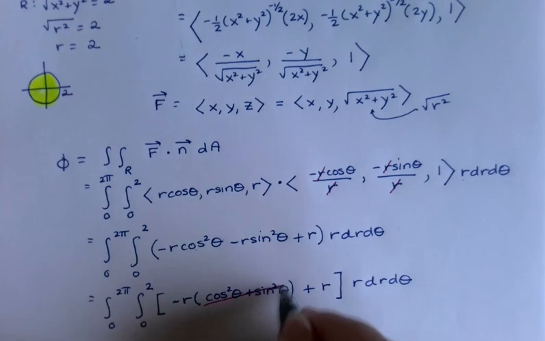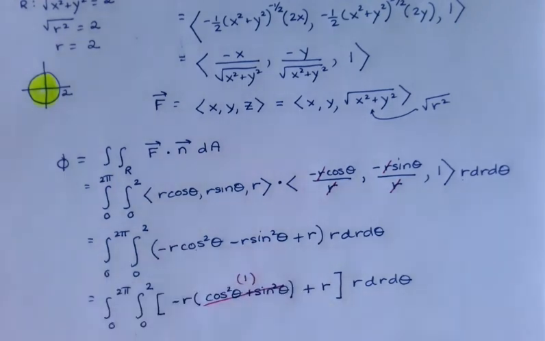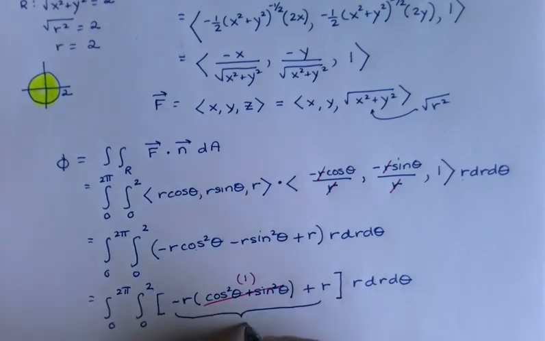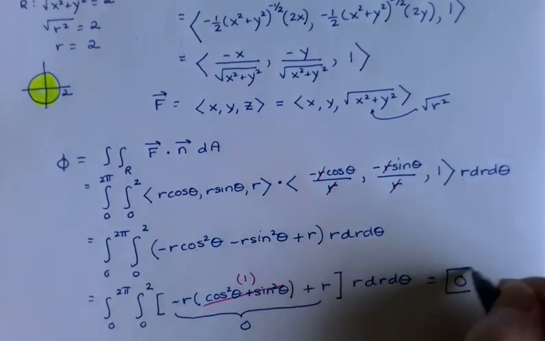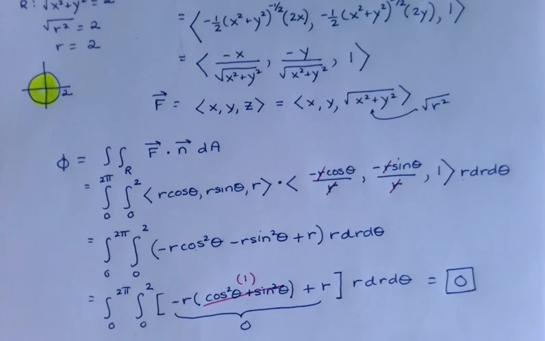But that's just 1. So in fact, what I have inside my brackets is really minus r plus r, which is going to give me a factor of 0 here. And of course, 0 times anything is still 0. So I end up getting a final answer of 0 for my flux here.